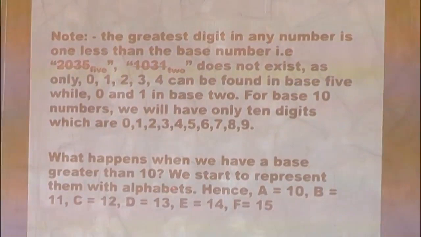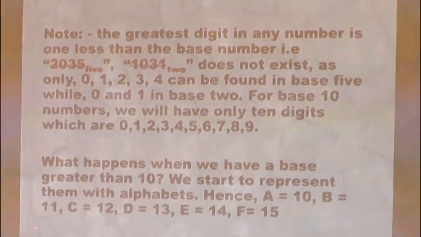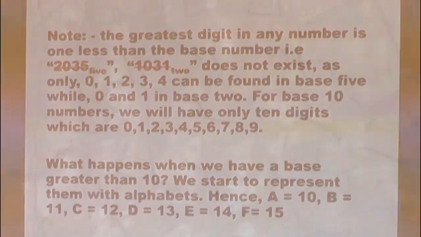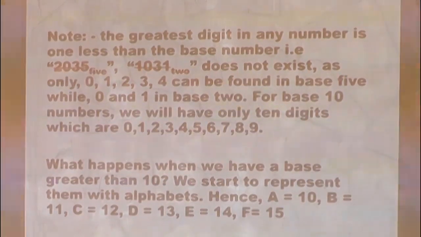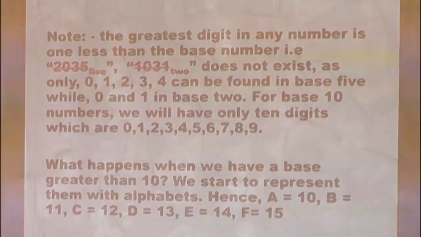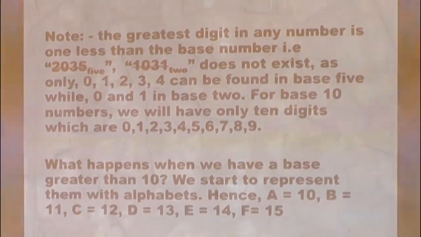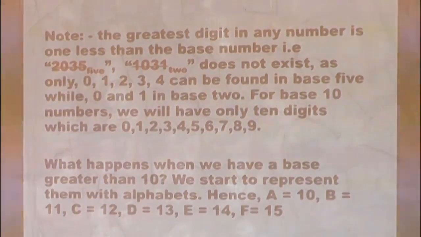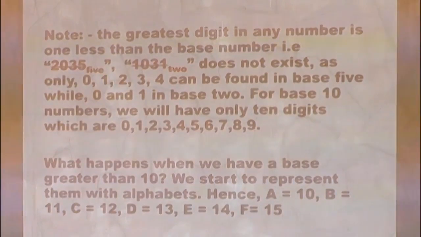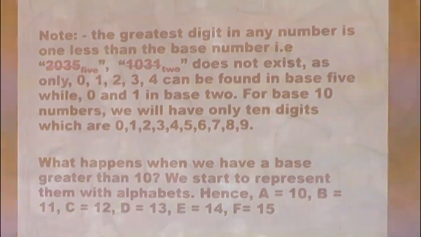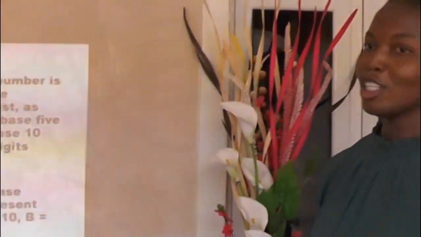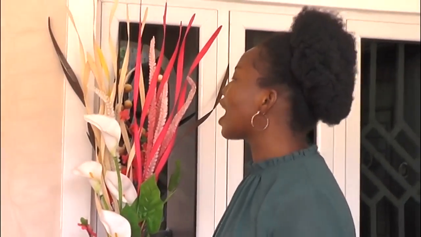But we should not be scared, because when there is a problem in mathematics, we always run to our neighbors in English class. And they will be worrying us with their English letters. And most times we don't always ask. We just go take them, or better still, we steal them. So here we have alphabets to be representing the 2-digit numbers.